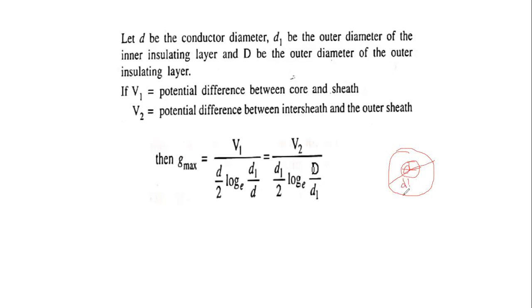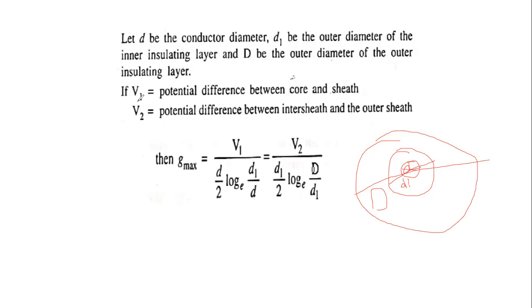Therefore this diameter is equal to D1. And capital D is the outer diameter of the insulation layer, the outer insulating layer.